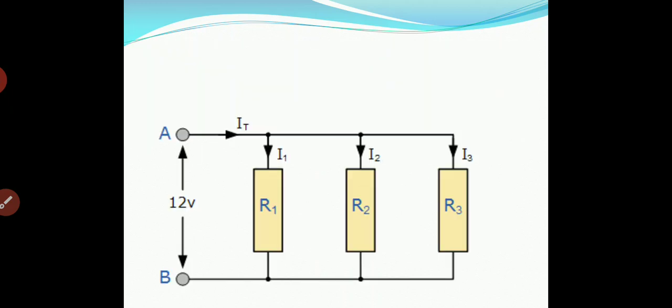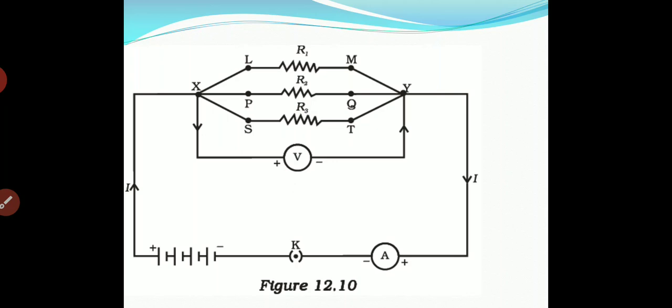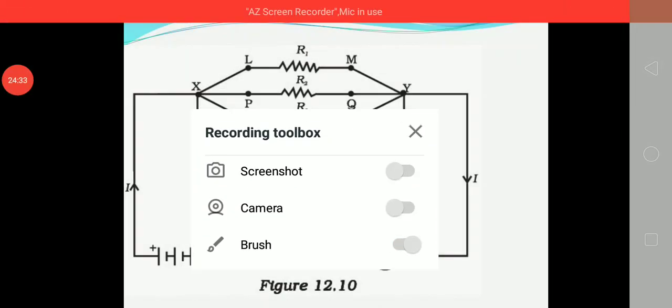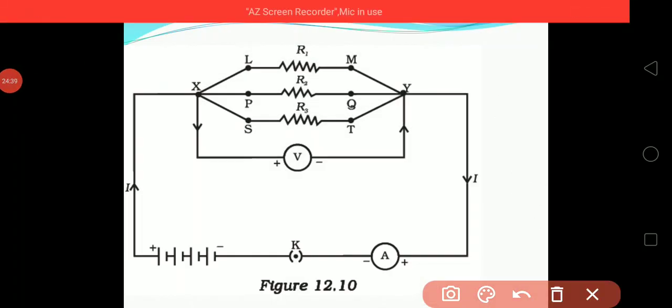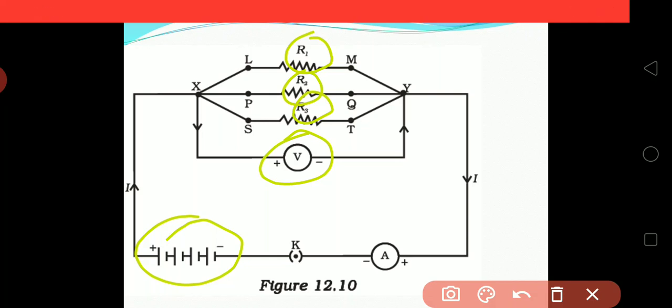Here you can see that three of them, R1, R2 and R3, are connected in parallel, and there are two junctions, A and B. A battery is connected, and an ammeter is connected to measure the current passing through the circuit.